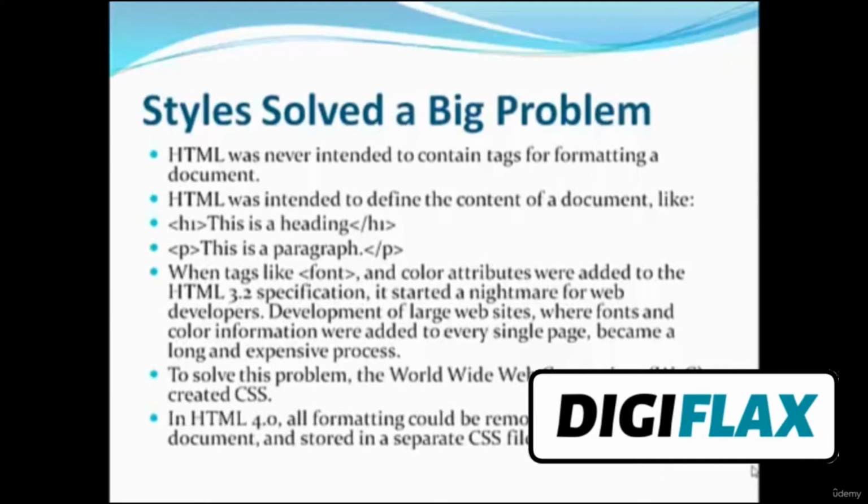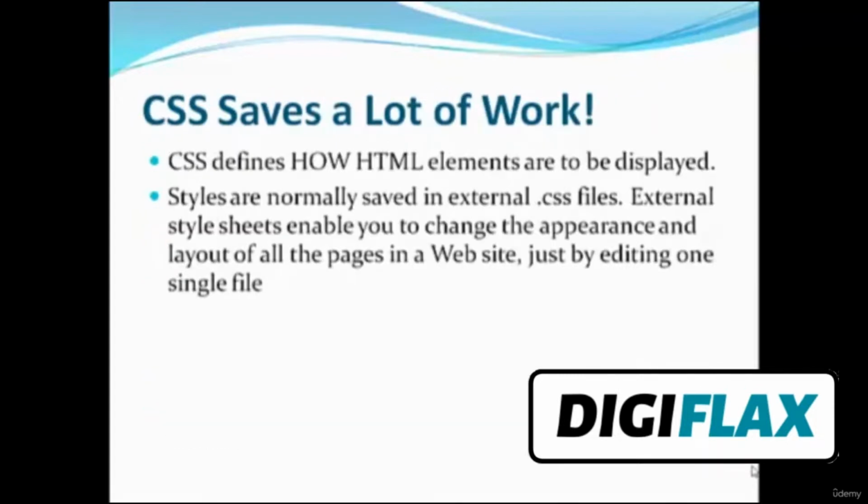Development of large websites, where font and color information was added to every single page, became a long and expensive process. To solve this problem, the World Wide Web Consortium created CSS. In HTML 4.0, all formatting could be removed from the HTML document and stored in a separate .css file. So CSS saves a lot of work.